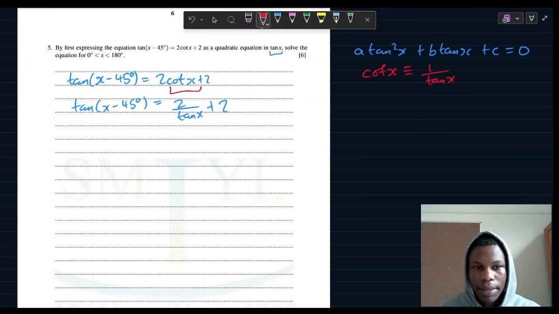And then here we've got what we call a compound angle. We've got x minus 45 degrees. So whenever you want to simplify a compound angle, you use compound angle formulas.